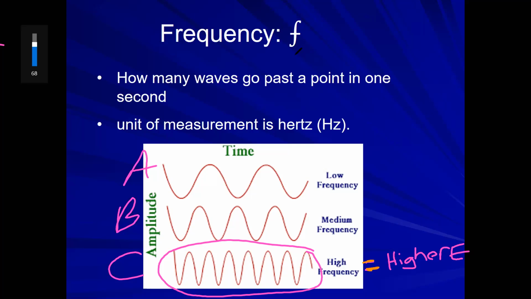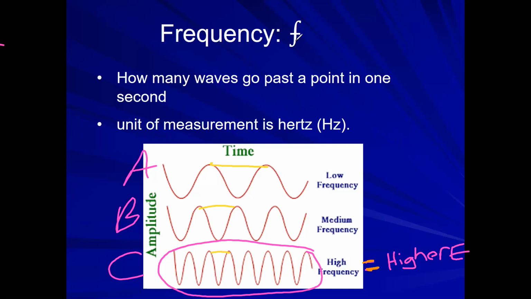If you have a high frequency, like this one that we circled at the bottom, that means you have a higher energy, because out of all of these, C had the highest energy, just looking at it. What does that mean for wavelength? If I look at these wavelengths right here, from here to here, or here to here, what happens as you get higher in frequency? What happens to your wavelength? It gets smaller. Yes, exactly.